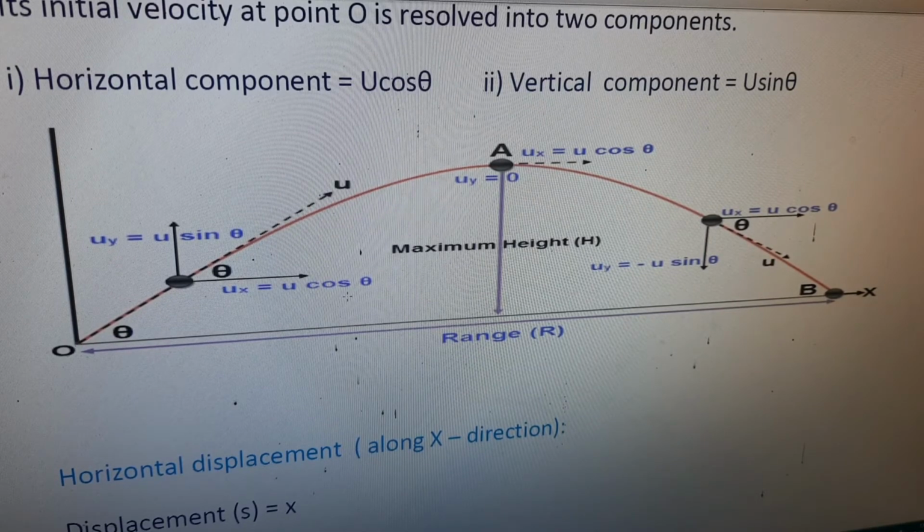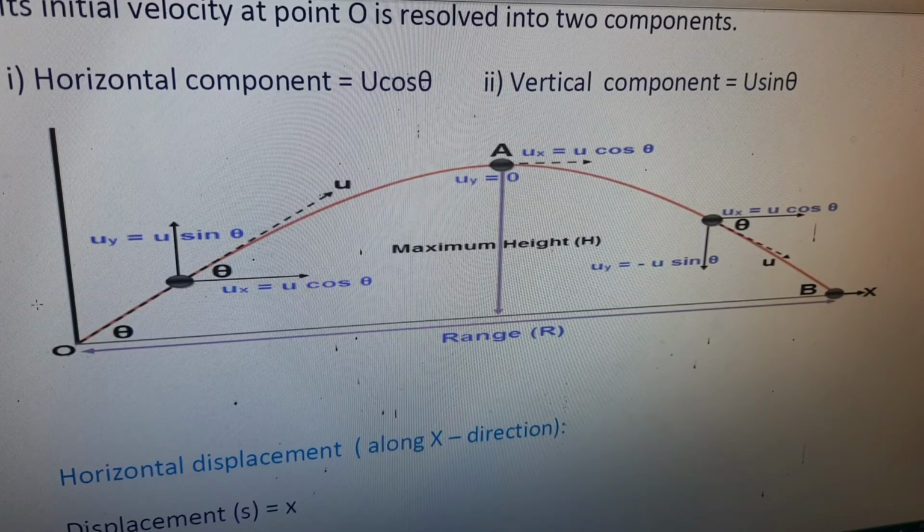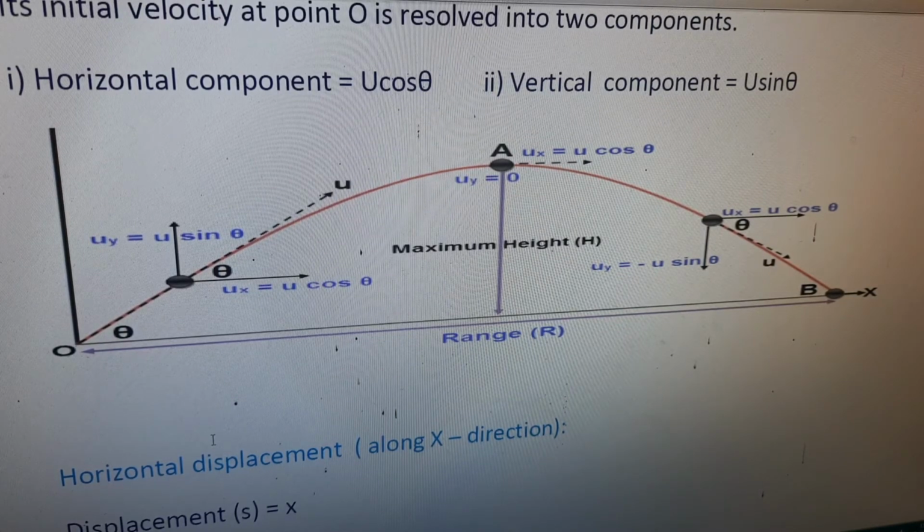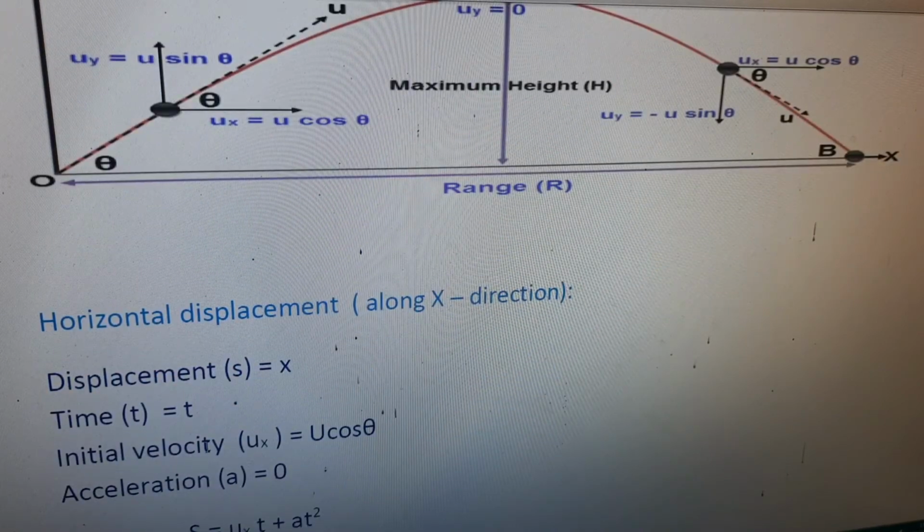So u cos theta is the horizontal component along the x-axis, and u sin theta is the vertical component along the y-axis.